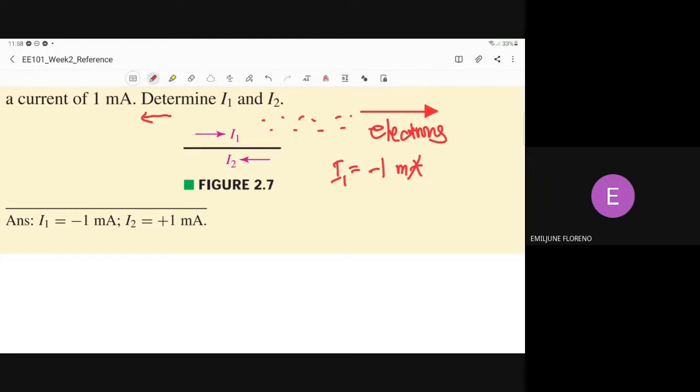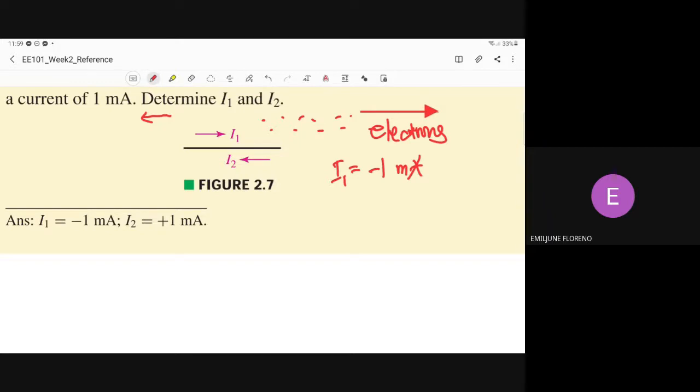Basta consistent lang ka sa imong direction sa current nga positive charges ang atong lantawon in terms of current considerations, then everything will be okay. Everything will be consistent. So kung maingon ta nga okay, let's look at the positive charge in producing the current, then mao na siya ang direction sa current. Kana lang sa for now atong gamiton.